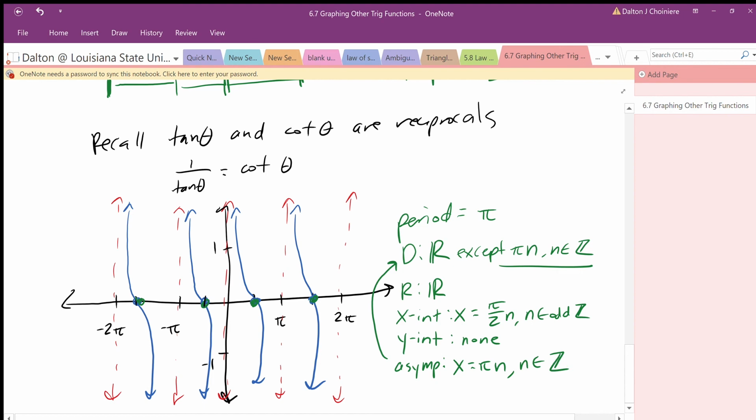So we've gone over all these details just to always keep you thinking about domain and range and intercepts and asymptotes and things like that. Going forward for your test, you have the aid of a calculator.